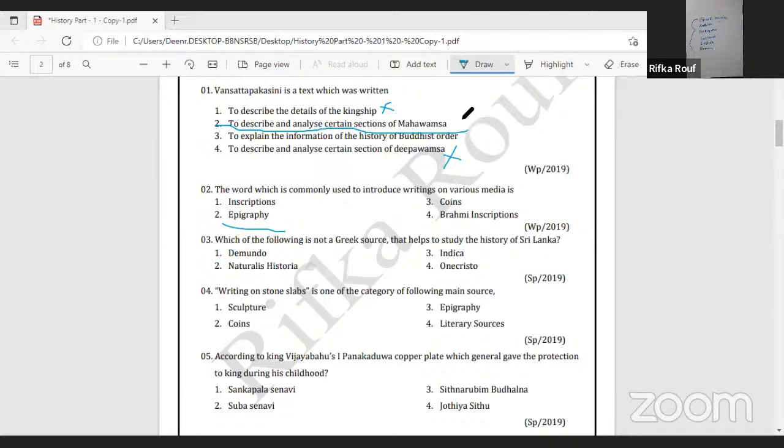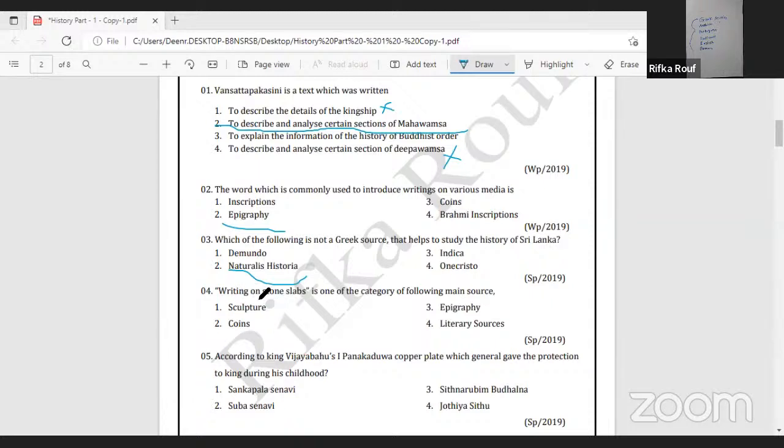Natural Historia. So if it is not a Greek source, what source is it? Yes, it is a Roman source. This is the answer. So it is a Roman source. Okay, right.